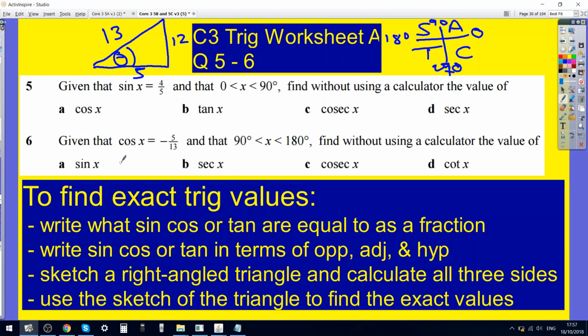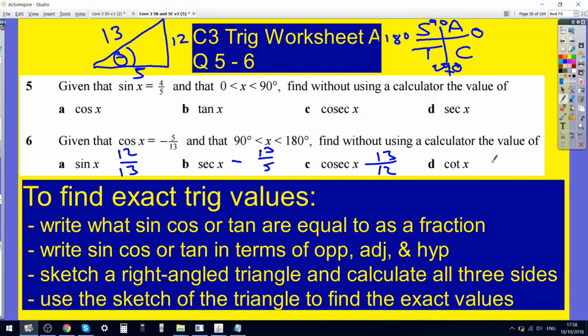Opposite over hypotenuse, so 12 over 13. Sec x? It's cos, so it's just minus 13 over 5. Well done. Cosec x? 13 over 12. Cot x?